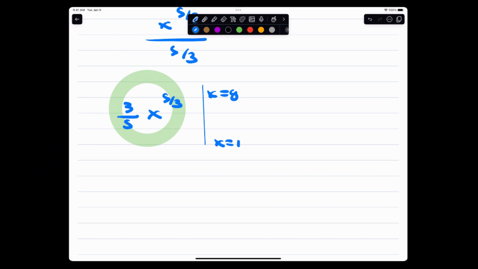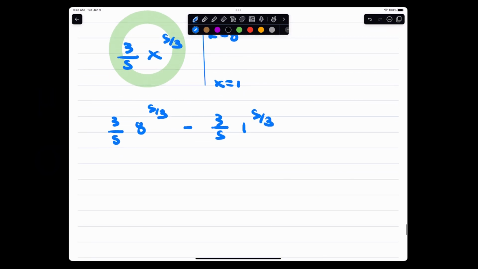So now you say, okay, 3/5 times 8 to the 5/3 power minus 3/5 times 1 to the 5/3 power. So go back and again, remember, base to the m over n power is the base to the 1 over n to the m, which is really the nth root of the base. Okay, use a little bit of your algebra here.